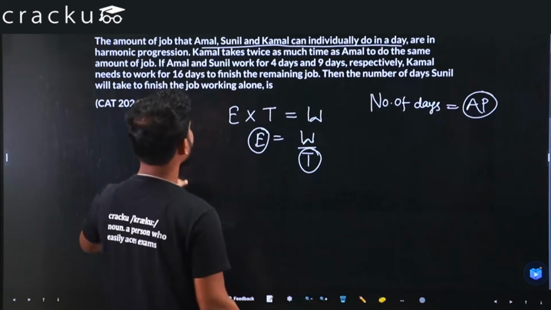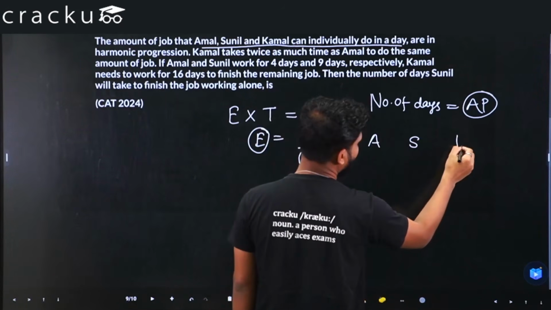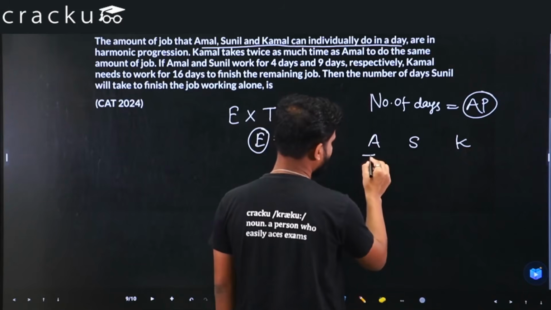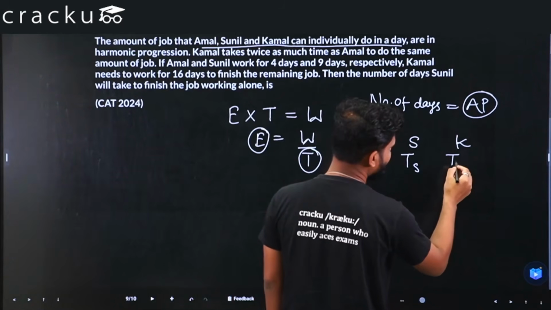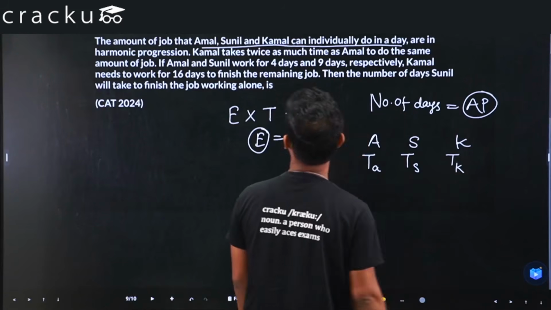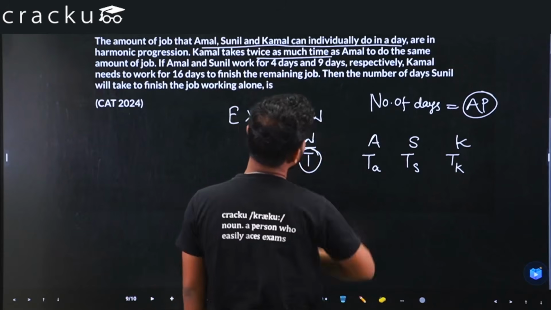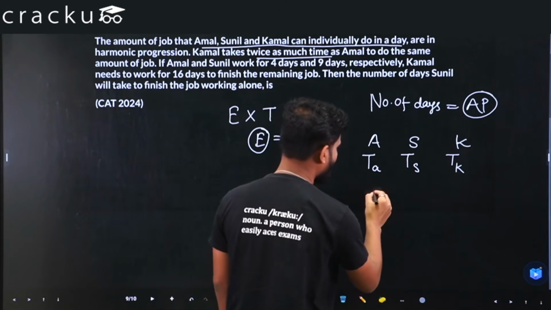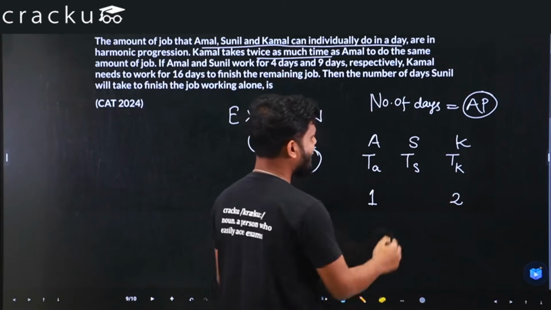So let us say A, S and K take TA, TS and TK days. Now it is given Kamal takes twice as much time as Amal. So let us say if Amal is 1, Kamal will take 2 and they are in AP.